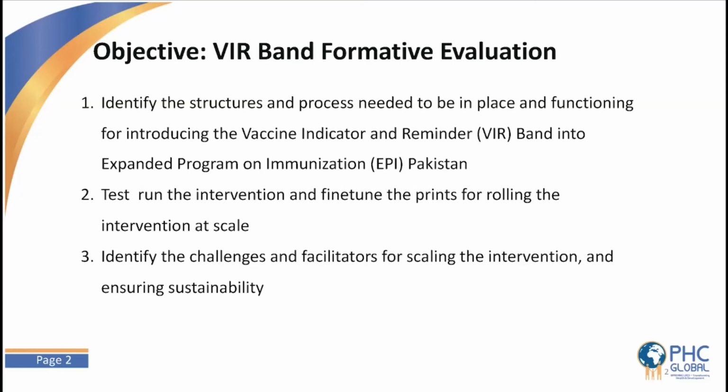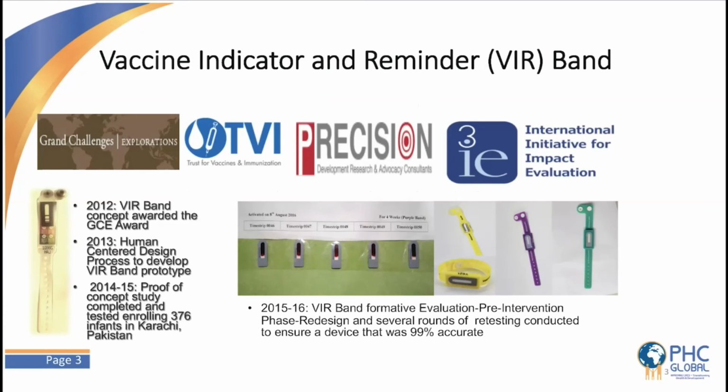We also wanted to address the challenges and facilitators at the supply side, that is the healthcare system level, and the demand side, which is uptake by the communities of the VIR band intervention. The formative evaluation also looked at the policy arena to ensure sustainability of the intervention. The gap in routine immunization timeliness and completion is a challenge for many developing countries.